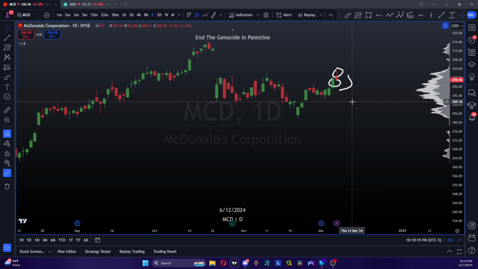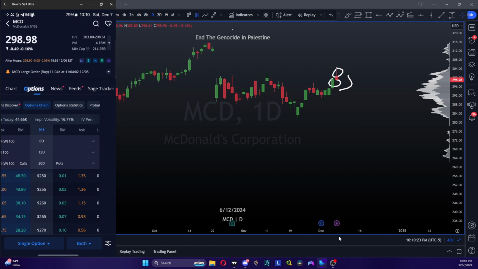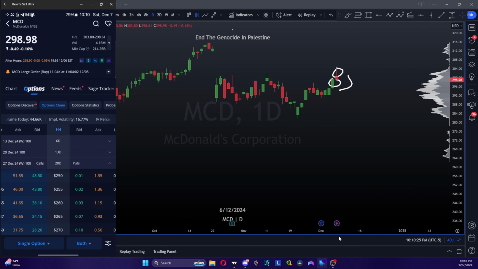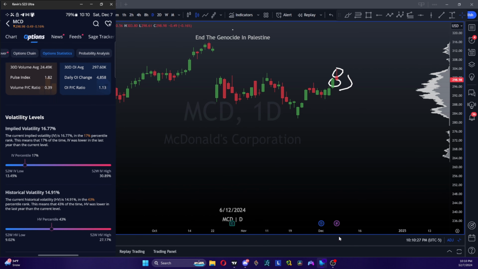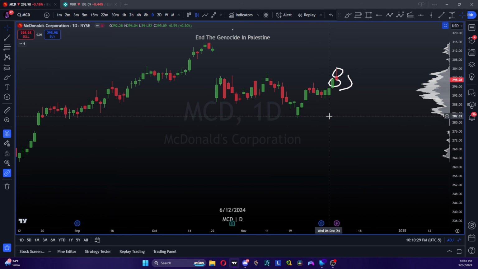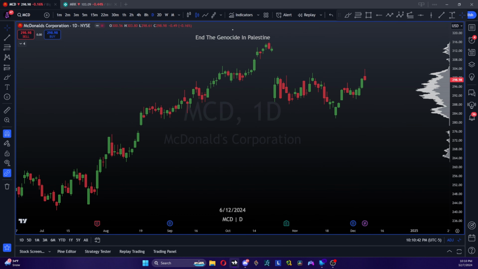So that's why, if you find a contract that has low IV, as you can see here, the gains you get afterwards are because the price keeps moving and the volatility increase is very substantial. So thank you for reminding me about McDonald's because that is a really great example to showcase everything we just talked about. So thanks, JP.